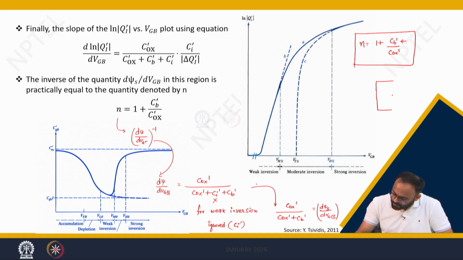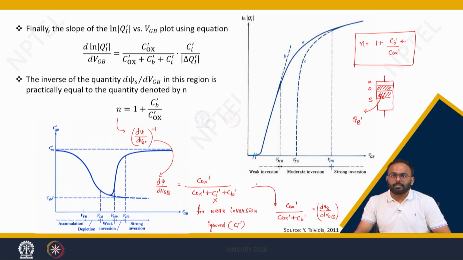Let us consider you have a two terminal MOS structure like this. This is the metal plate, this is the oxide, and this is the semiconductor. So here you have the oxide, and this is the channel charge Qc dash. This channel charge in weak inversion is given by Qb dash. It is similar to having two capacitances in series.